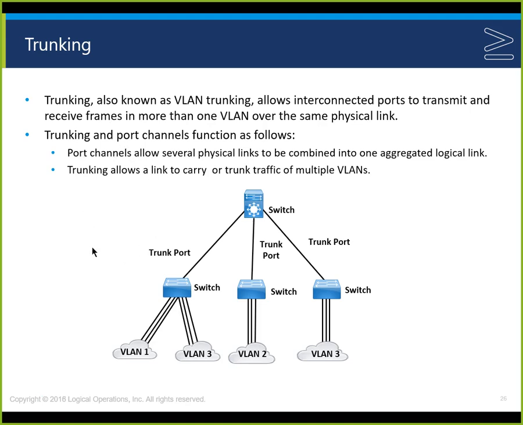Trunking, also VLAN trunking, interconnects ports to transmit and receive frames in more than one VLAN over a single physical interface. And again, it does that by adding a shim basically in the middle of the frame that tells the system that this frame is a member of a particular VLAN.